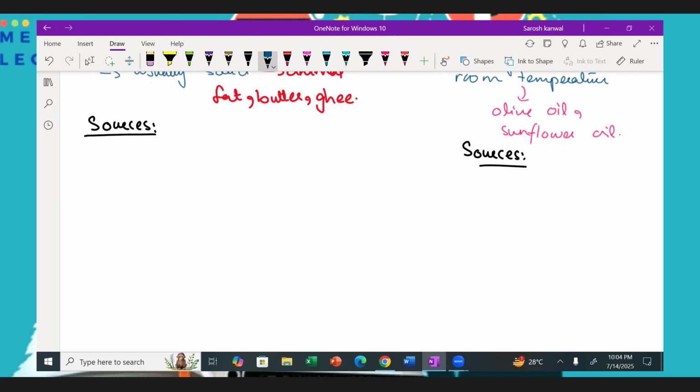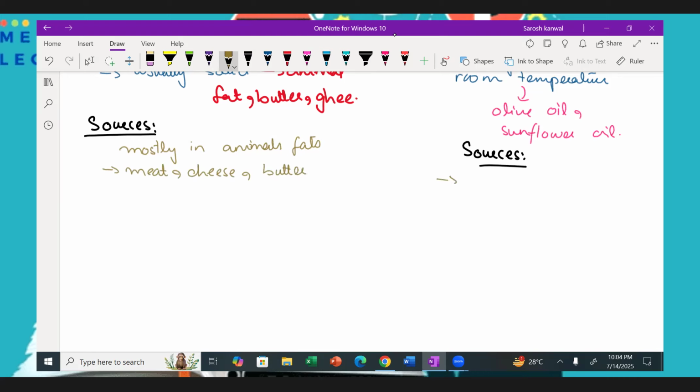Mostly they are found in animal fats, such as meat, cheese, and butter.